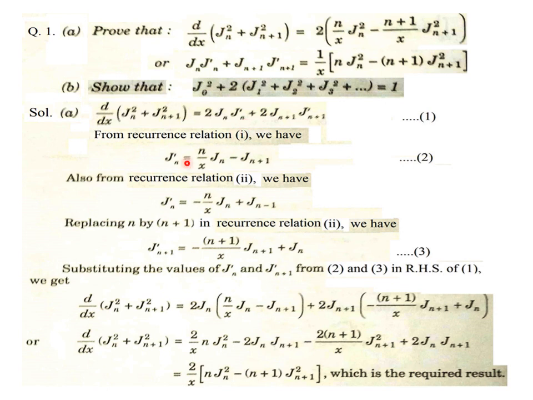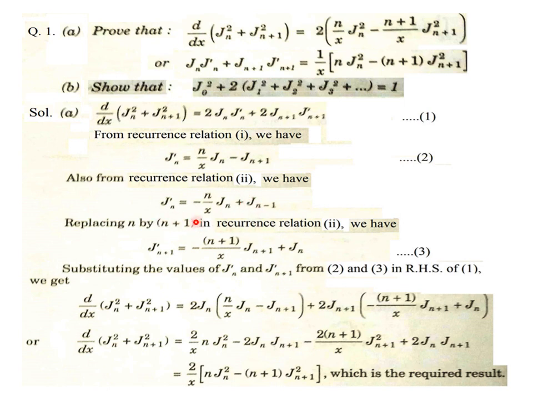Then we are using recurrence relation 2 also, and we know that recurrence relations 1 and 2 both can provide Jn dash with different right hand sides. So using recurrence relation 2, one more form of Jn dash is obtained, minus n by x Jn plus Jn minus 1. And then we are not using that directly. Instead of that, we are replacing n by n plus 1 in this second recurrence relation.